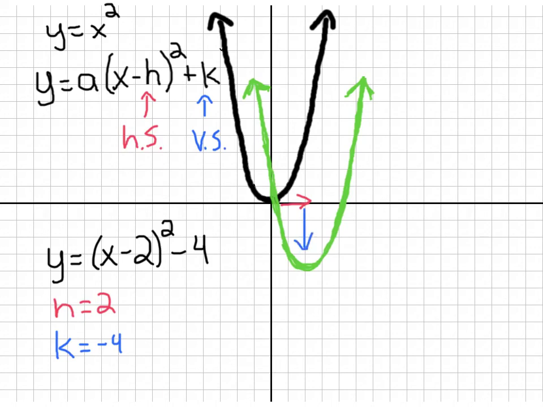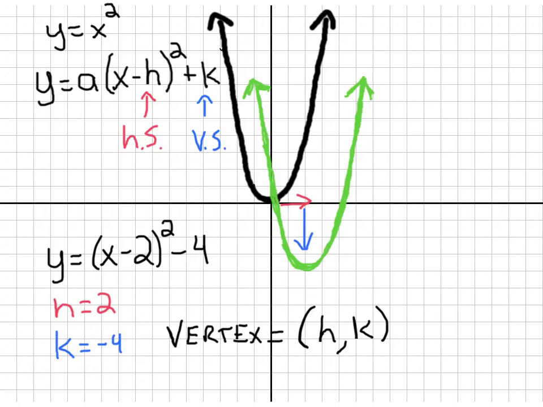Same exact graph. Now, the interesting part with the vertex form of an equation is it quickly identifies our vertex. And our vertex, it's like a little code, is h, comma, k. Well, we know what h is. H is 2, and k is negative 4.